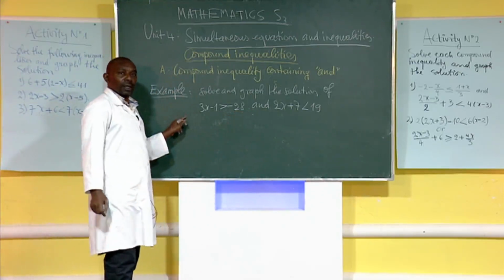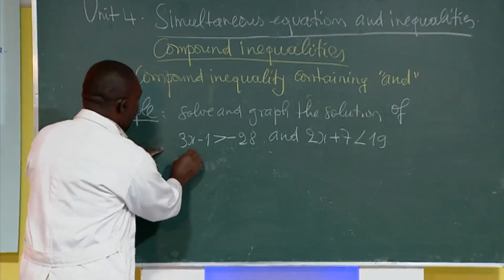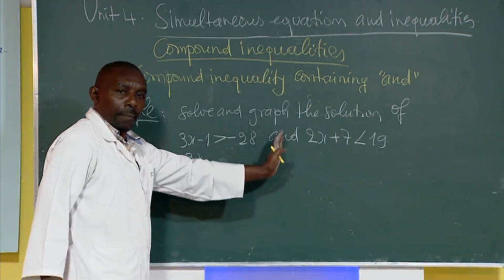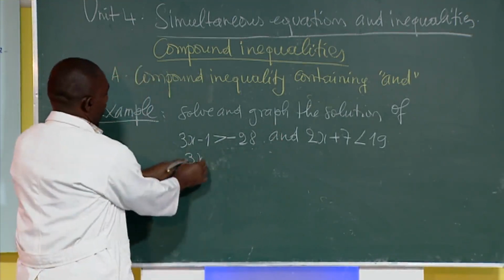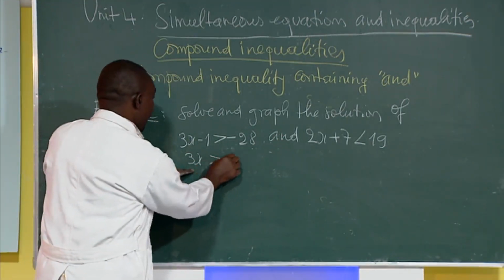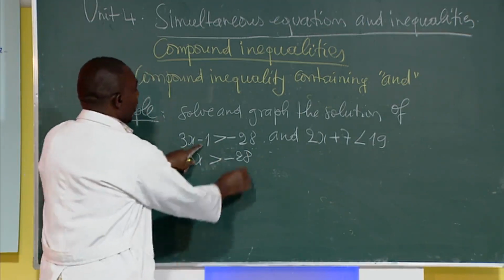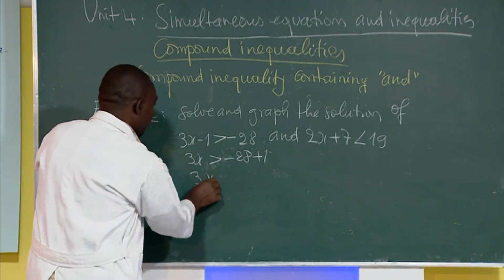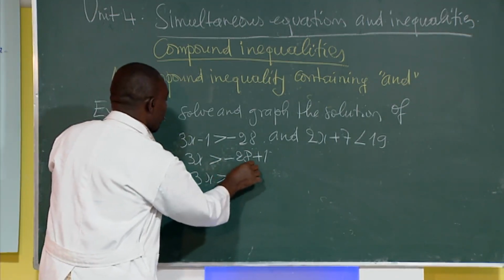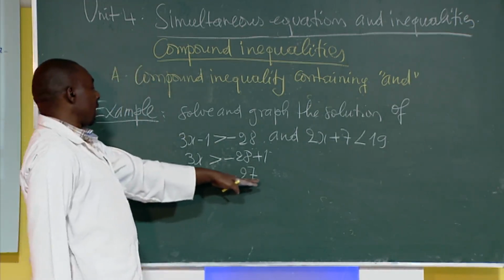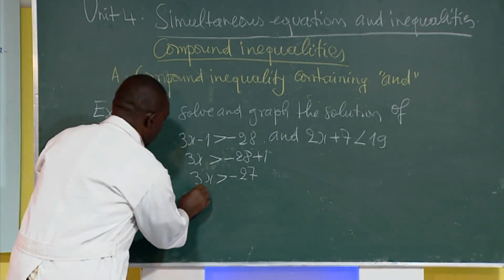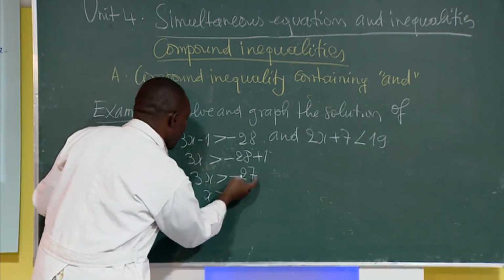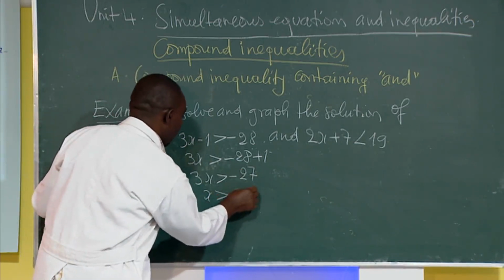Then, solving this, we solve inequality by inequality separately. We have 3x, which is greater than minus 28 plus 1, and 3x is greater than minus 27. Dividing both sides by 3, I will be having x which is greater than minus 27 divided by 3, which is minus 9.